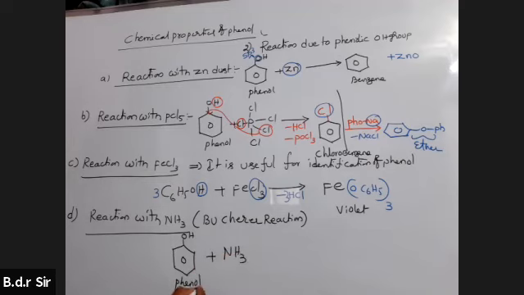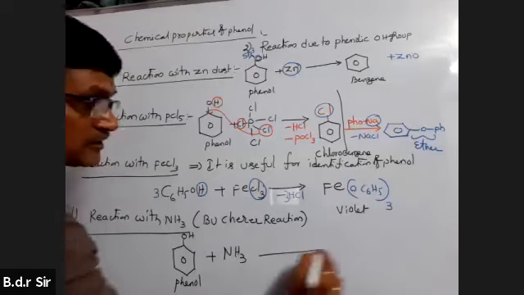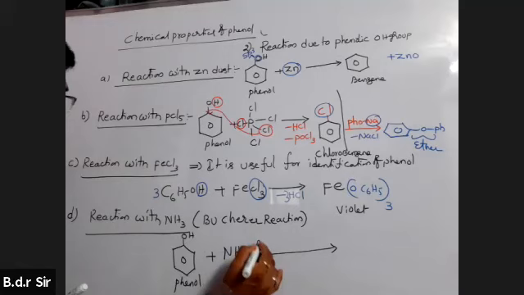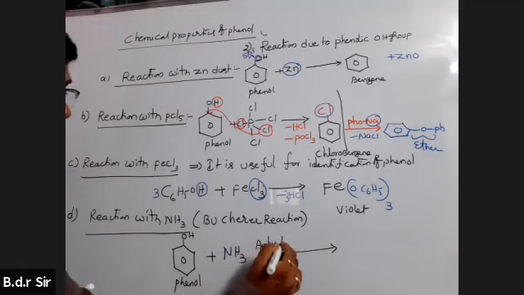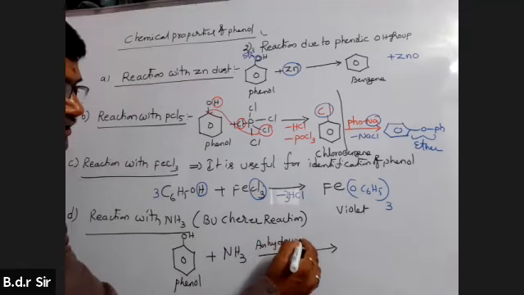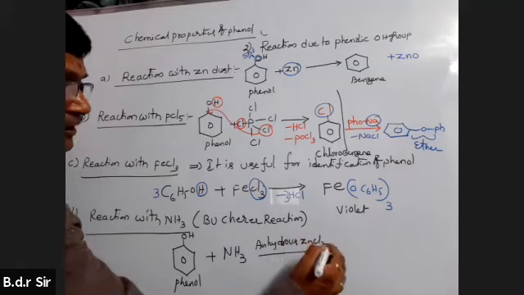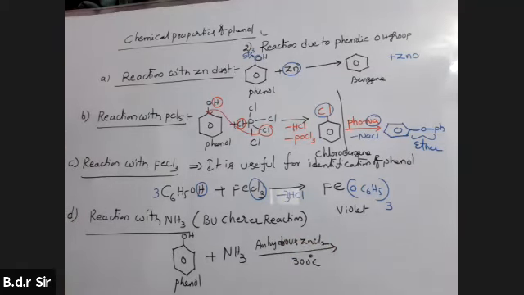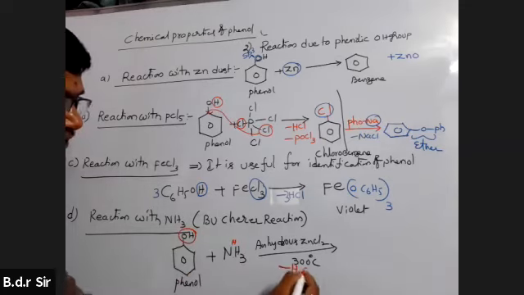Phenol reacts with ammonia in the presence of anhydrous zinc chloride at 300 degrees Celsius. What is the product? Observe here: the OH group, with nitrogen, is converted into water. What is the remaining?